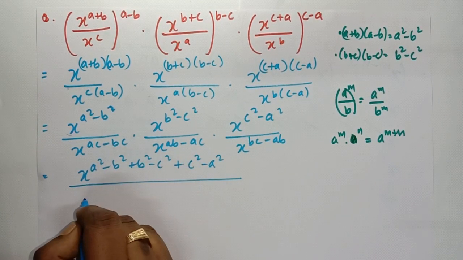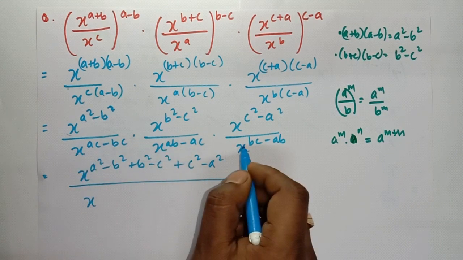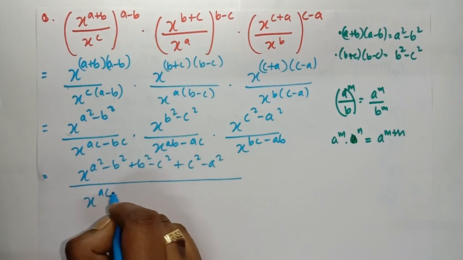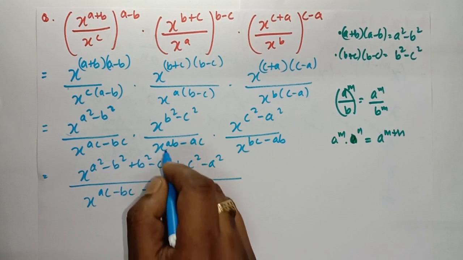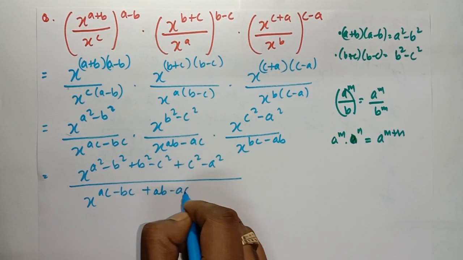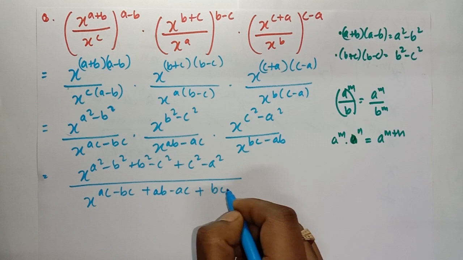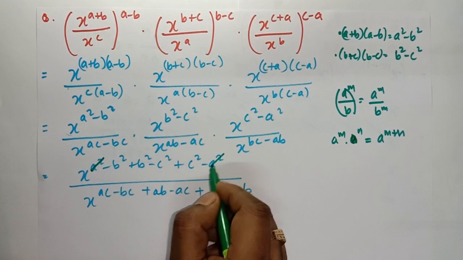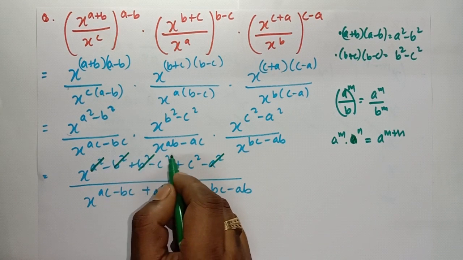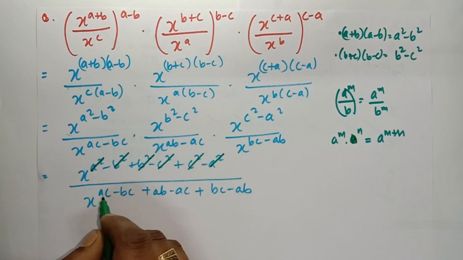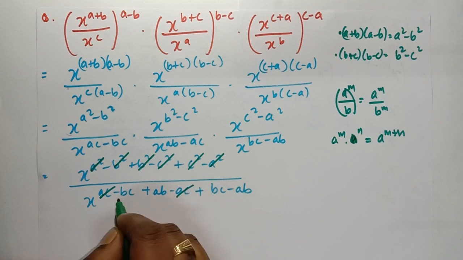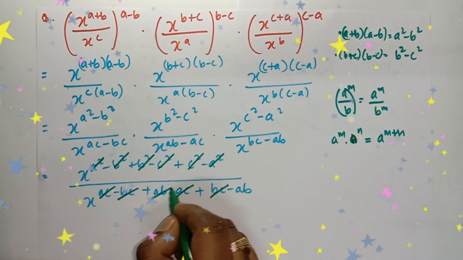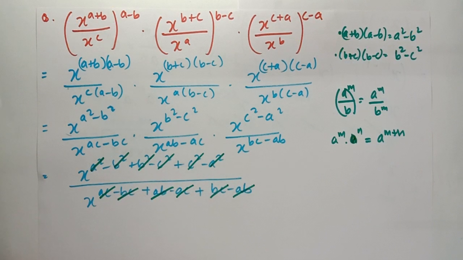In the denominator also x, that means the power should be added: ac minus bc plus ab minus ac plus bc minus ab. Now you can see a square opposite sign cancel, b square also opposite sign cancel, c square also cancel. ac opposite sign, bc opposite sign, ab also cancel.